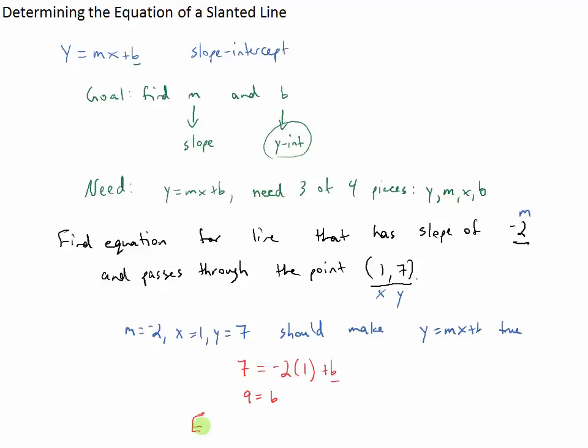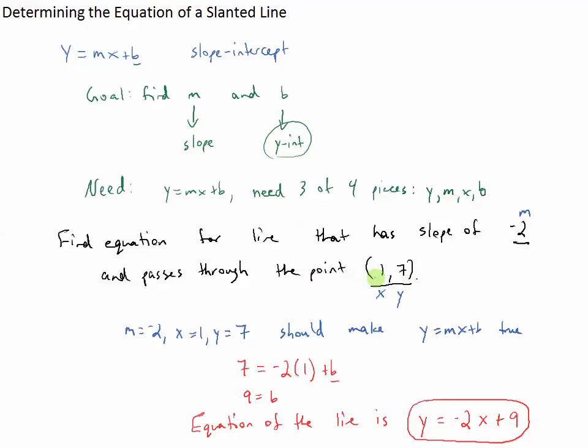So the equation of this line is y equals mx plus b. Y and x are variables. M and b are constants. They don't change, so the slope is still -2, and the b value is going to be 9. So y equals -2x plus 9 is the equation of the line that's described here.